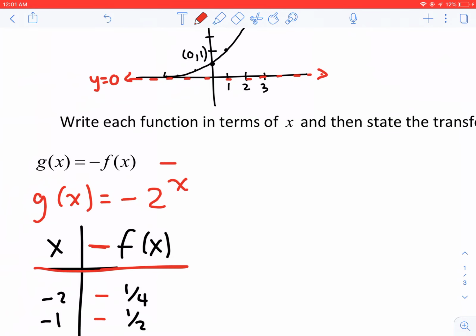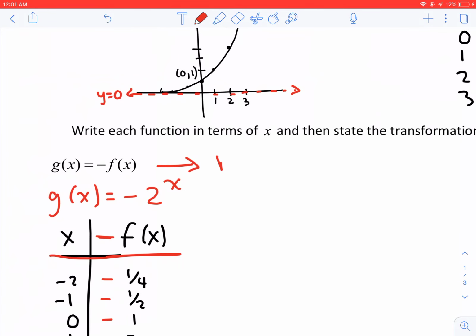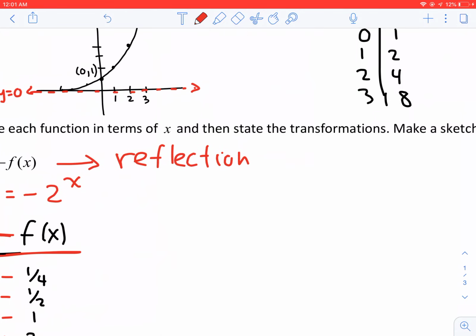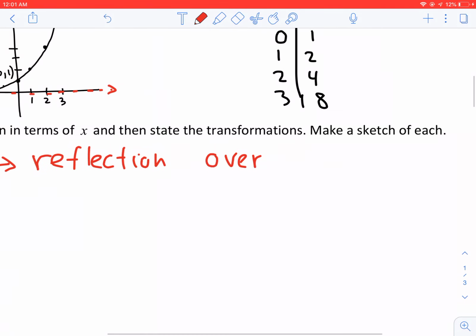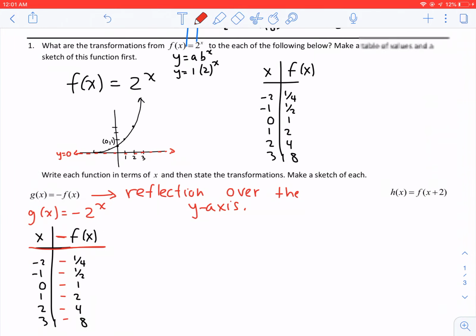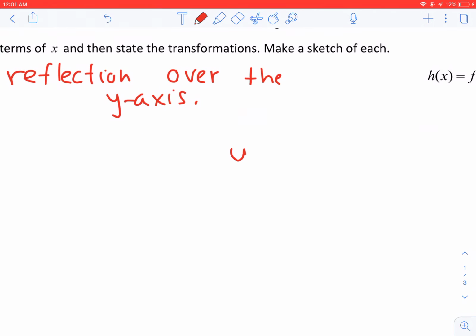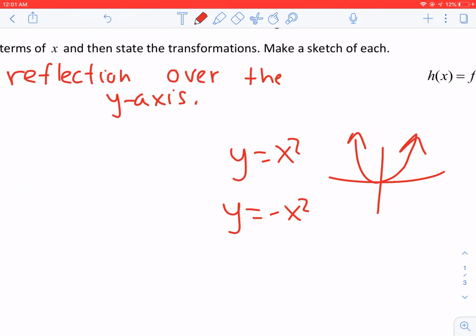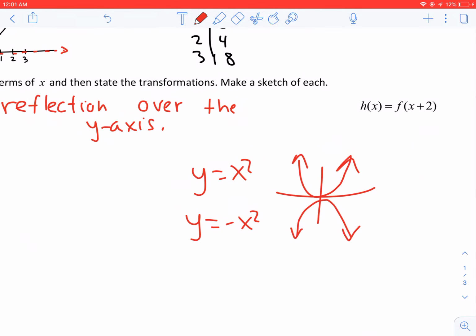And that results in a reflection over the x-axis. Same transformation rules as for any other function. Think of y equals x squared and y equals negative x squared. x squared looks like that, negative x squared, the frowny face version, upside down.